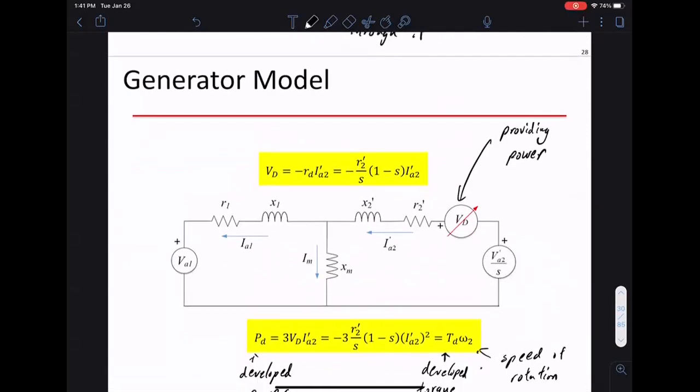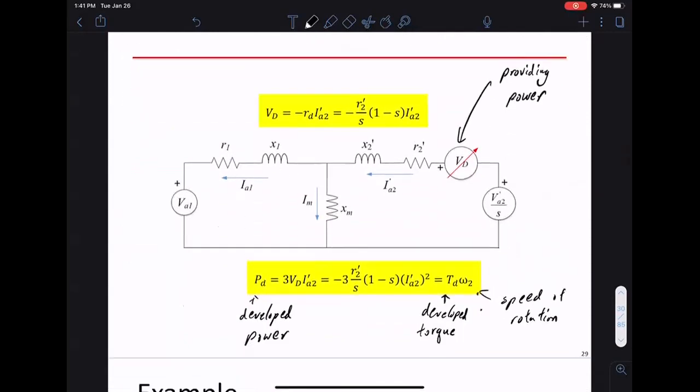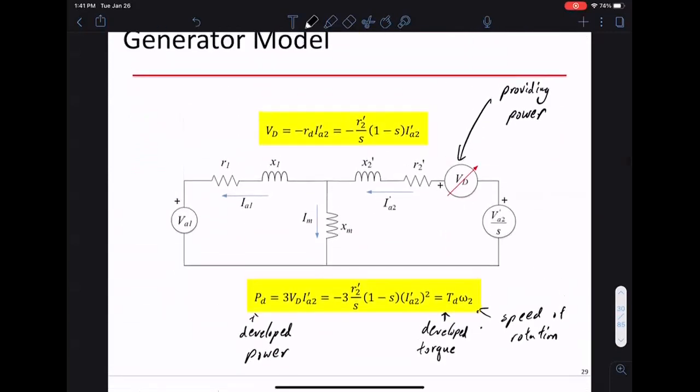This is a conversion between the developed torque, T of D, coming from the mechanical torque, multiplied by the rotation speed, so the mechanical power equals the electrical power developed at the rotor. If you look at this equation, this number is positive, but S is negative, so negative times this thing is a positive number.